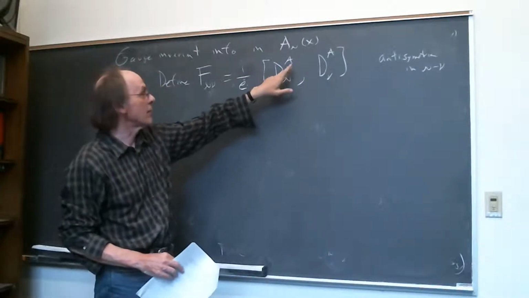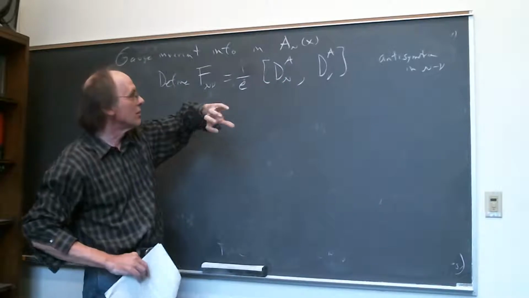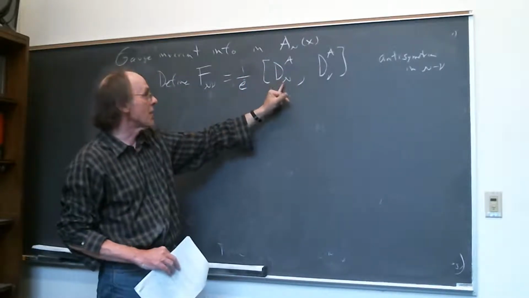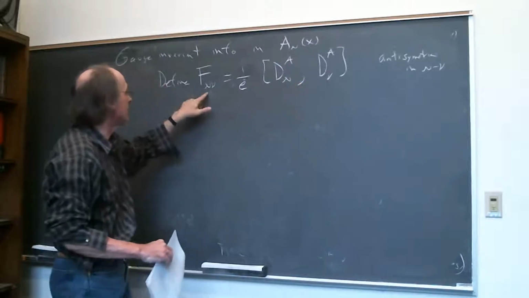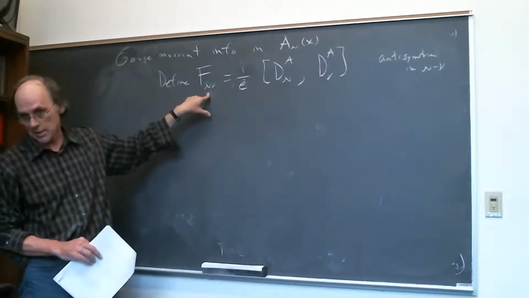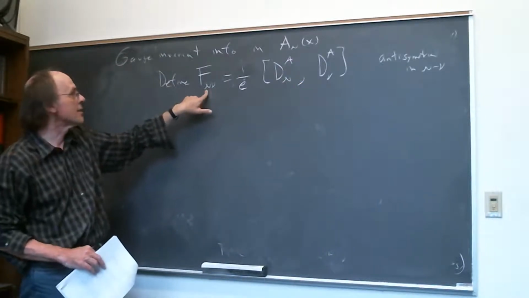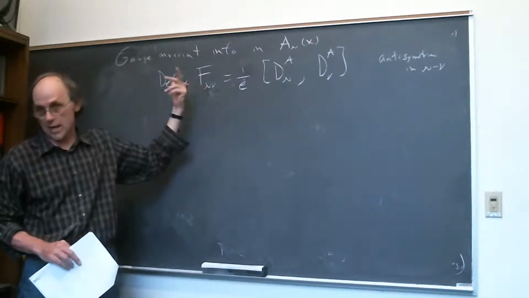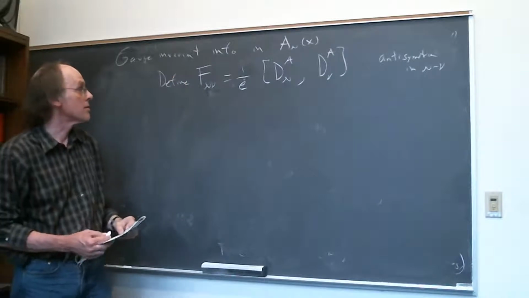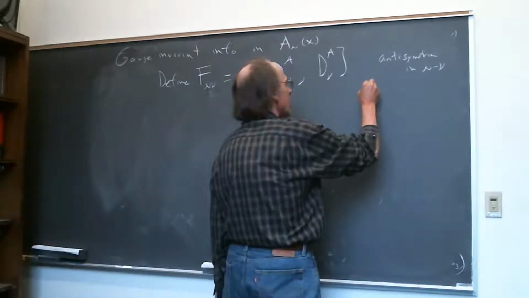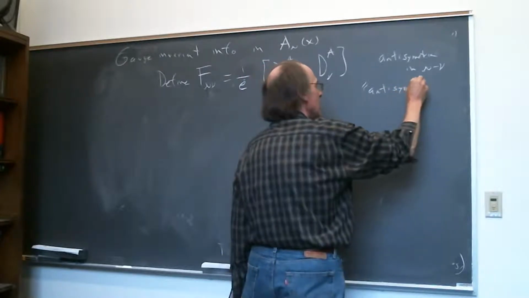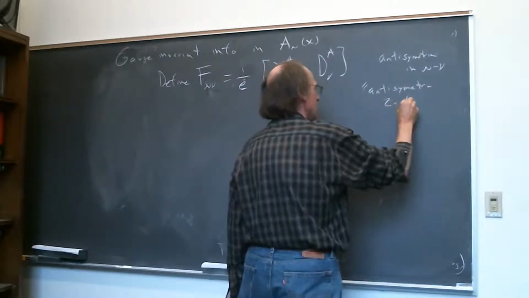They don't behave quite like tensors, because they do something funny under rotations and translations. But this guy is a legitimate tensor. He's got two indices, mu and nu, that go from 0 to 3, and he's an antisymmetric two-tensor.